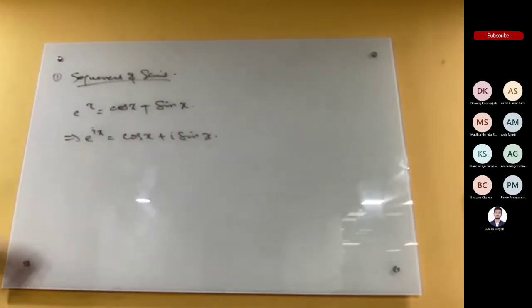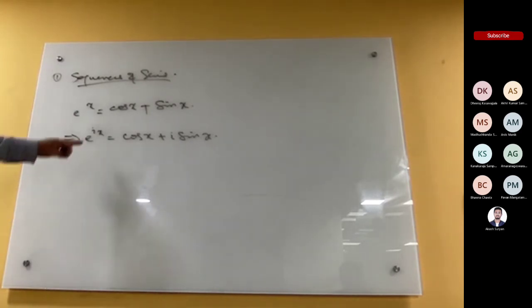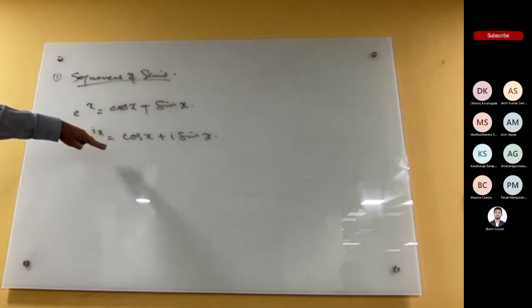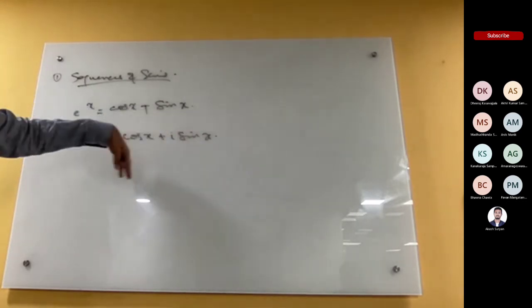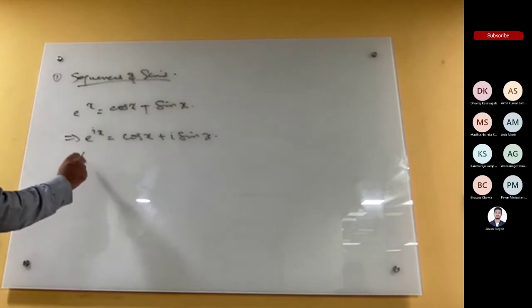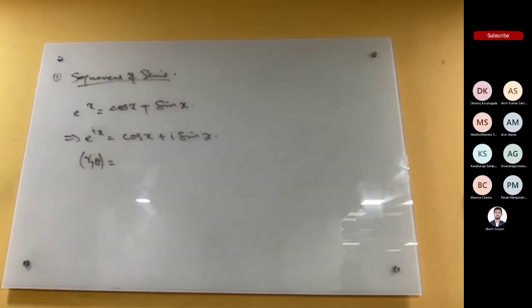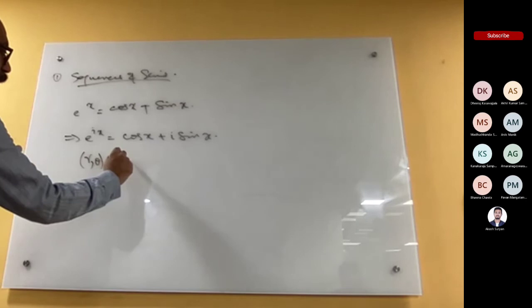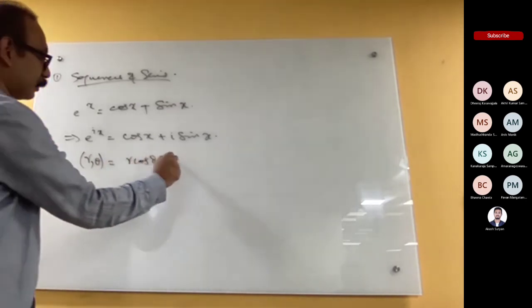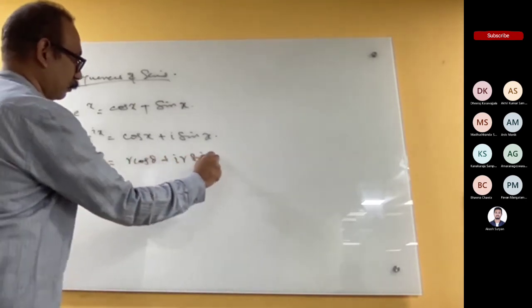From this you can derive the following. What can this mean? This is nothing but a complex number, a plus ib. On this side, you can write r theta, because that's another way of expressing it. Then you can say r cos theta plus i r sin theta.